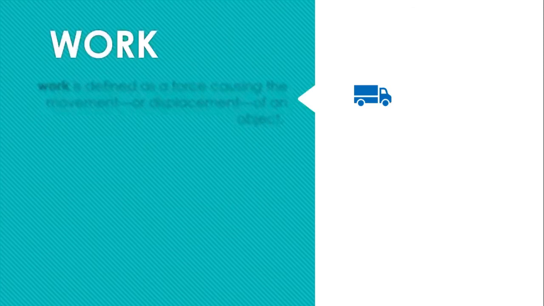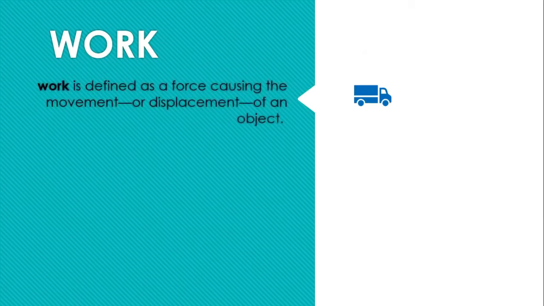Okay, so what is work? Work is defined as a force causing the movement or displacement of an object. Once again, work is defined as a force causing the movement or displacement of an object.